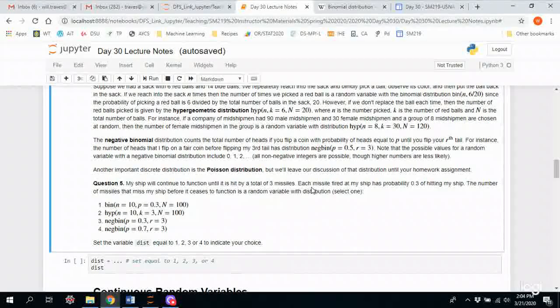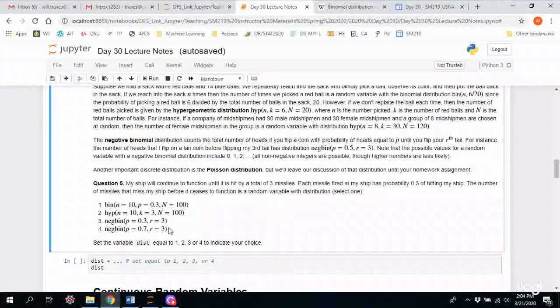We need to know, in this case, a success should be a missile that misses my ship, right? Because I want to count the number of missiles that miss my ship before it ceases to function. And ceasing to function means 3 missiles hit my ship, and so that's 3 failures. So I'm going to count the number of successes, number of missiles missing my ship, until 3 failures.